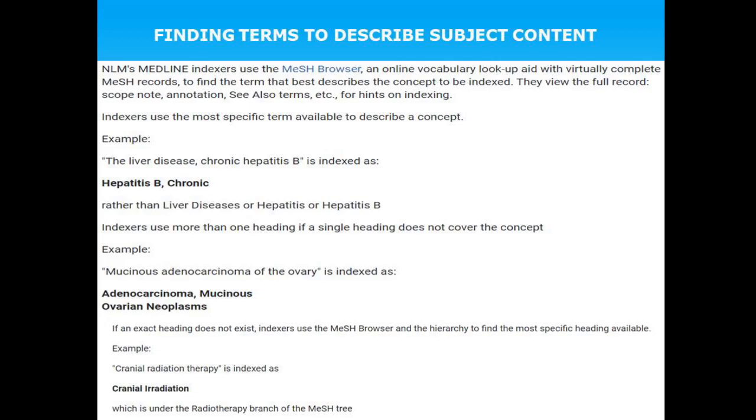Cobalt radiation therapy is the title. You do not have the exact heading like cobalt radiation, so what is the related specific heading? Cobalt irradiation, which is under the radiotherapy branch of the MeSH tree. So you can use it. If it is not directly available, you can use the nearest specific heading. Okay, fine. This is how you find terms to describe the thought content of the document.